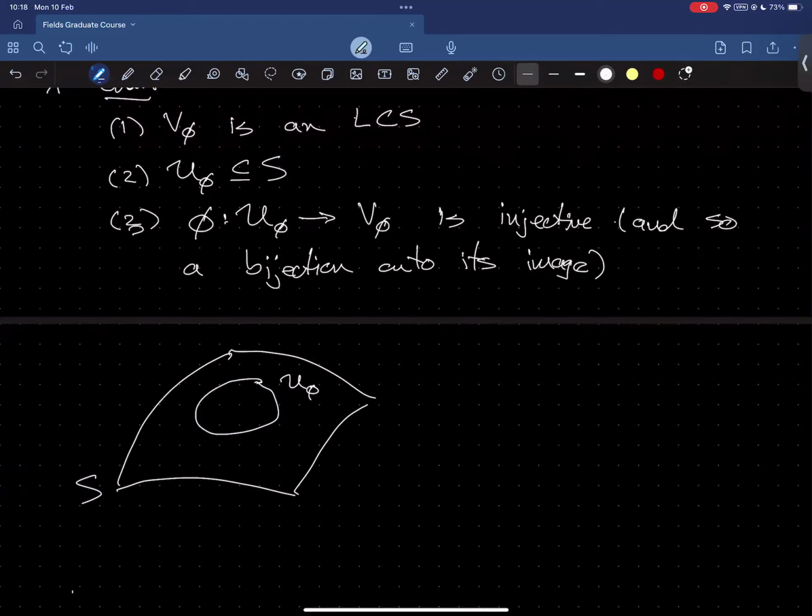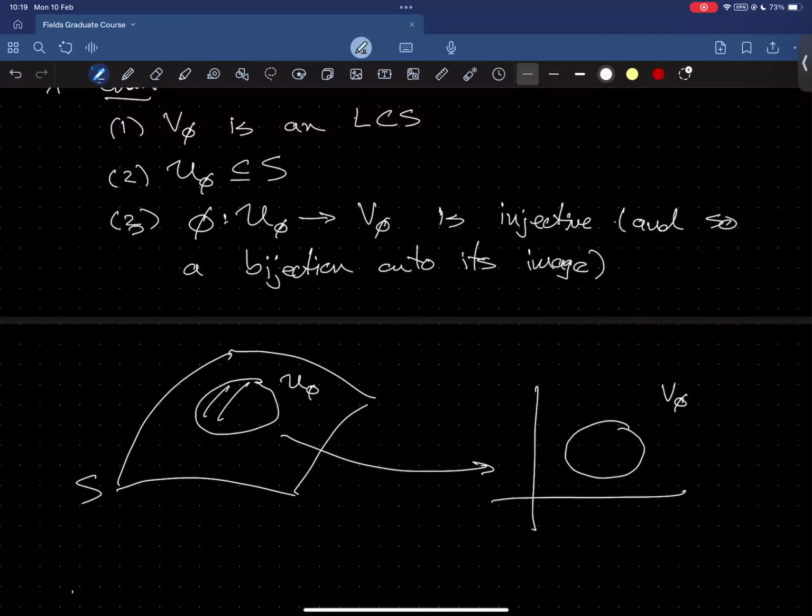Right, and then I have a vector space over here, so I'm going to draw a vector space like that. Okay, this could possibly be infinite dimensional. I'm drawing everything like it's two-dimensional, so the picture is very non-representative, but it gives you a picture. Okay, and then the mapping phi goes like this, and it's a bijection onto its image. So this is phi of U_phi. Okay. So that's all a chart is.